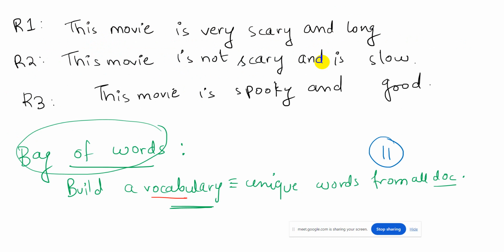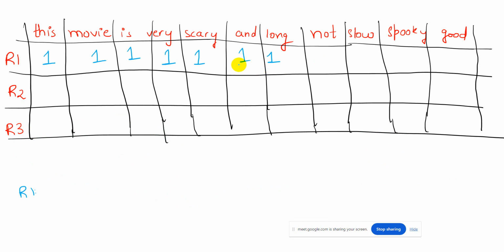Let us have a look. It did not appear, so we write 0. Slow 0, spooky 0, good 0.